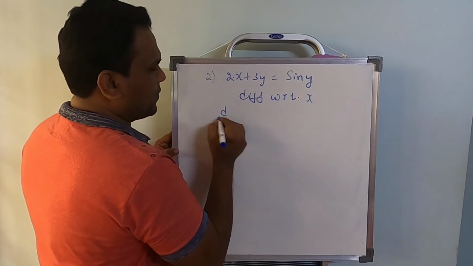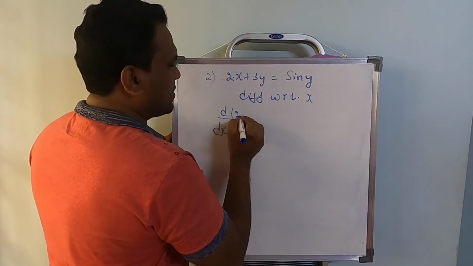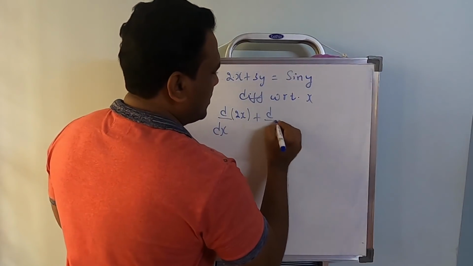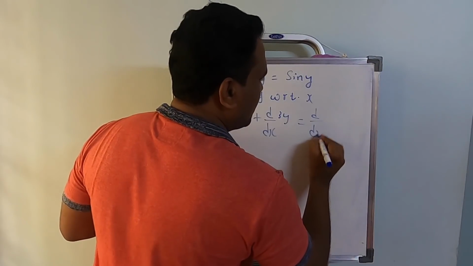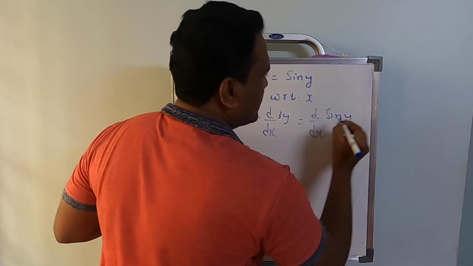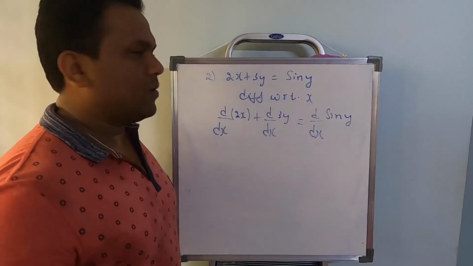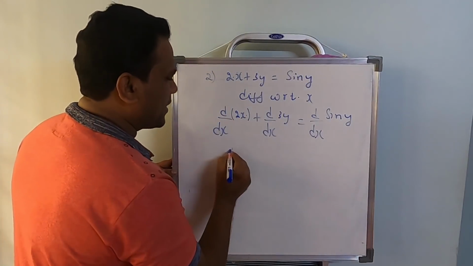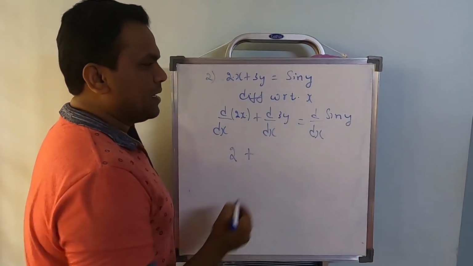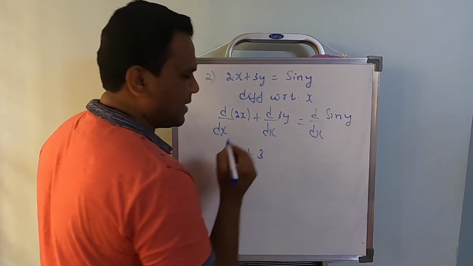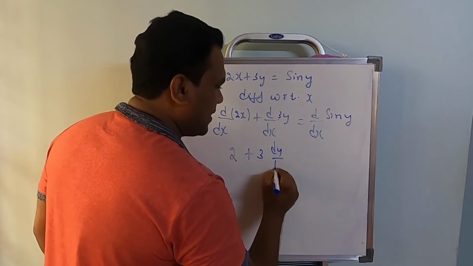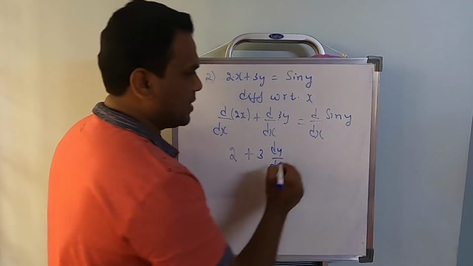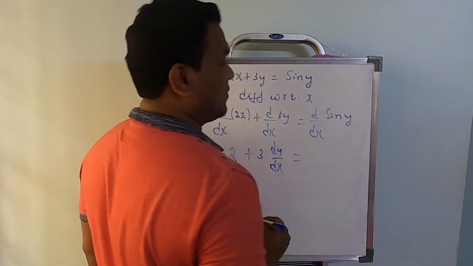Differentiation of 2x plus differentiation of 3y is equal to differentiation of sin y. Now the differentiation of 2x with respect to x will be 2, plus differentiation of 3y, 3 is a constant, and differentiation of y with respect to x will be dy by dx, is equal to differentiation of sin y.